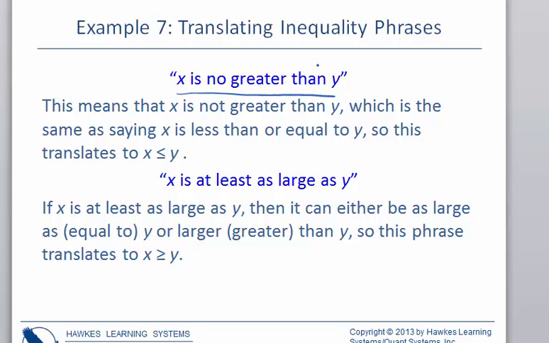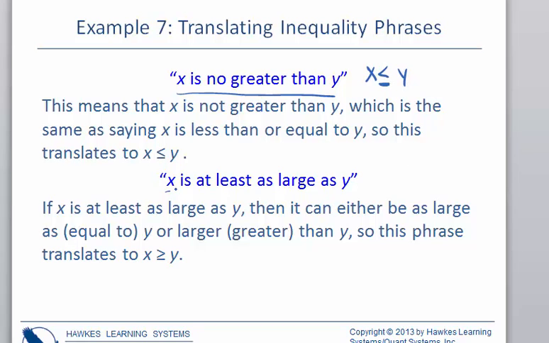And so we need to be sure that we understand what that means. If x is not any greater than y, then it has to be either less than or equal to. All right, so think about that, make sure that makes sense. We're saying that x is not greater than y, so therefore x has to be less than y, or it could be equal to it.